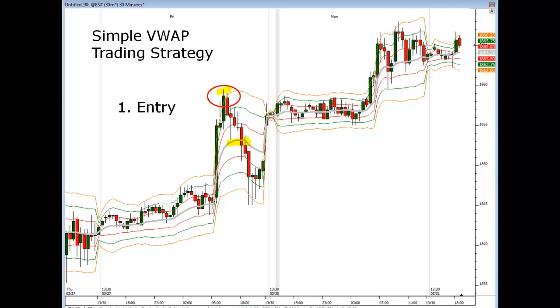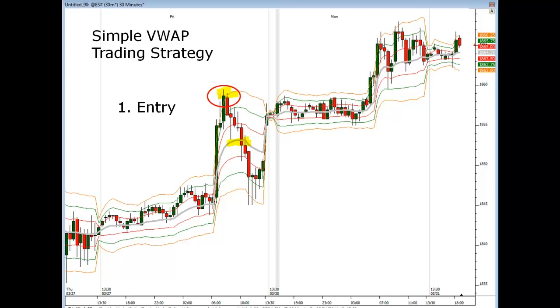Now, if in fact you are going to do that based simply on the theory that when price is 3 standard deviations away from the VWAP, it is time to consider selling, I get my close. My close is inside of 3 standard deviations, and I go ahead and take my short. My stop obviously would be right at the 3 standard deviation level.